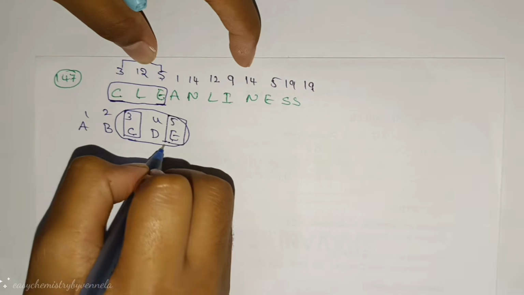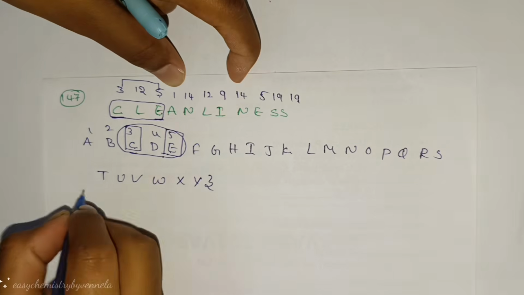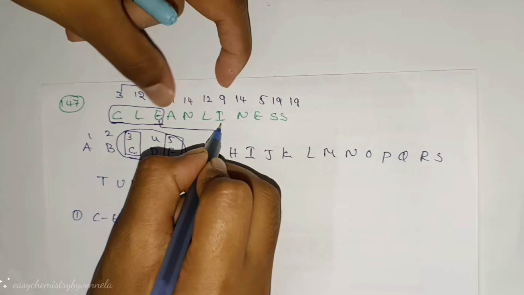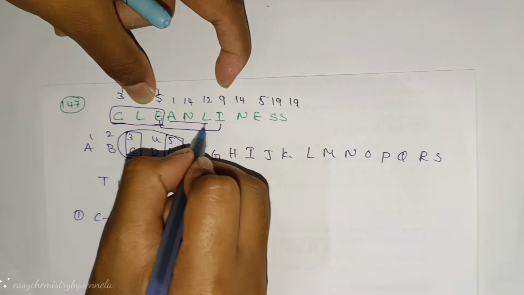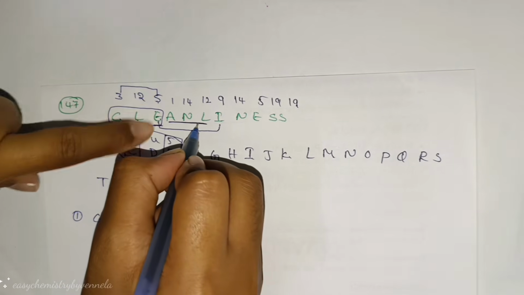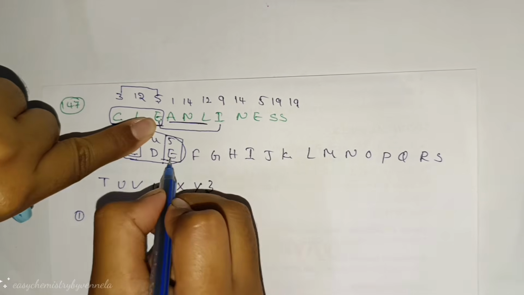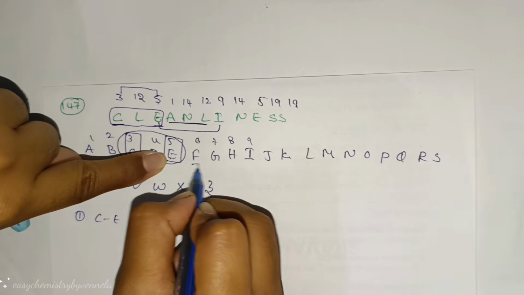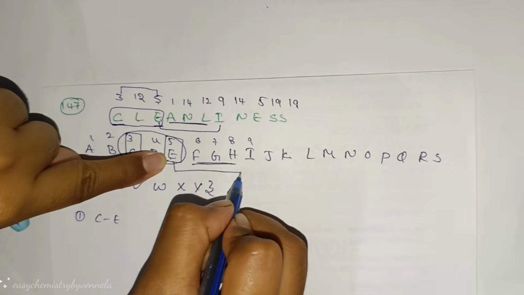This is one pair. Next one is E and I. Here how much is the difference? 3 letters. Then here also the same. See, here also 3 letters is the difference.